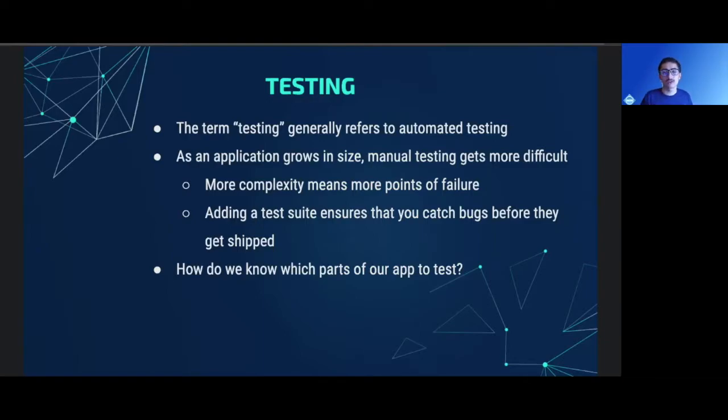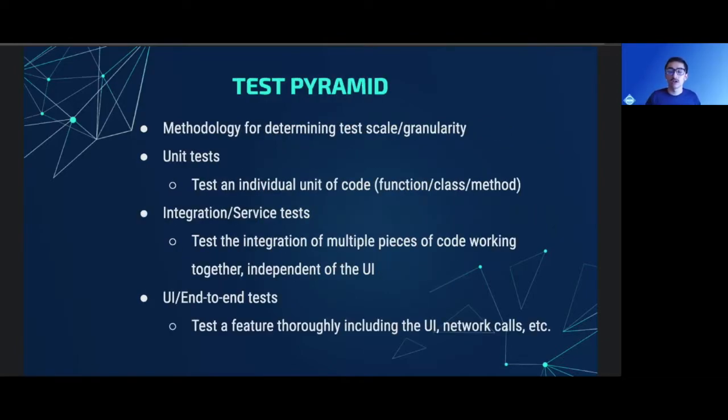But you might be thinking, how do we know what in the app to test and what parts to test? That's where the test pyramid comes along. It determines the methodology for determining the test scale. At the very bottom of the pyramid, we have the unit test, which tests an individual unit of code, generally a class, a method, or a function.